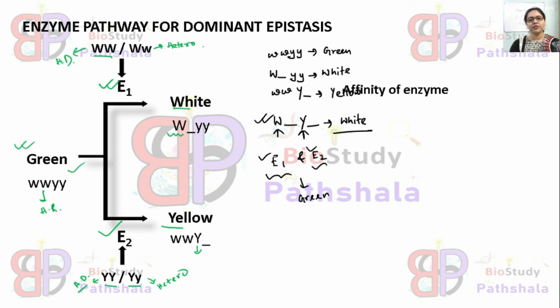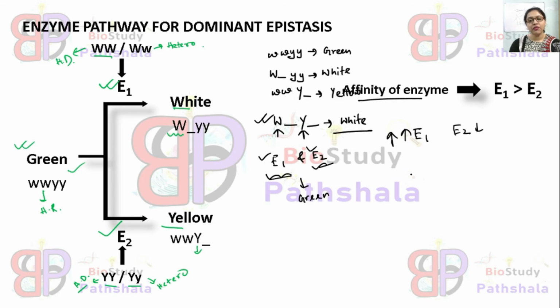Affinity of enzymes means, between these two enzymes, which enzyme shows its maximum affinity to its precursor, that is green coloration. So the affinity of E1 is greater than E2. That means the affinity of E1 is much greater than E2.